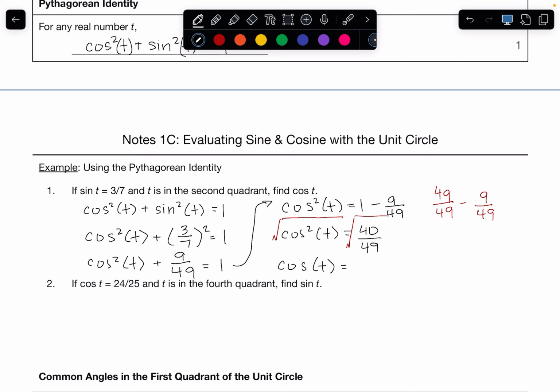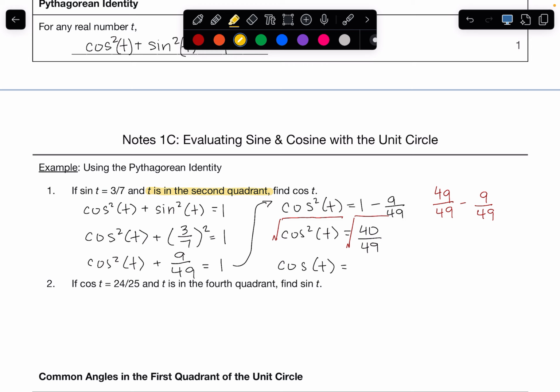That's the thing I want. And then square root of 40 over 49. And I have a conundrum. When I take a square root, I get 2 answers, a positive answer and a negative answer. I pick up a plus or minus when I take square roots. And that's why they told me that my angle is in the second quadrant.